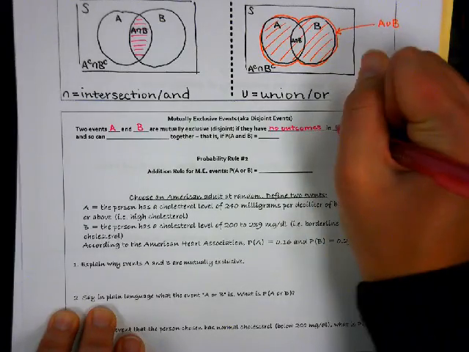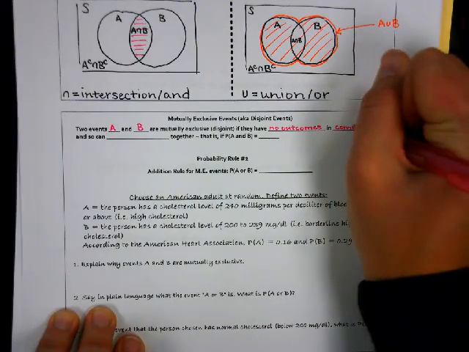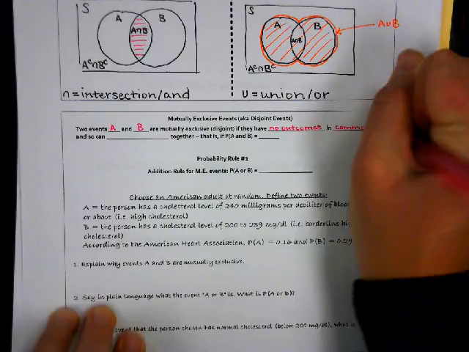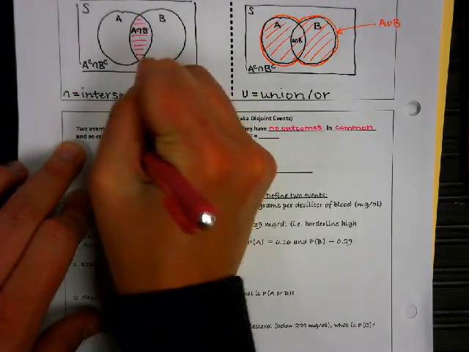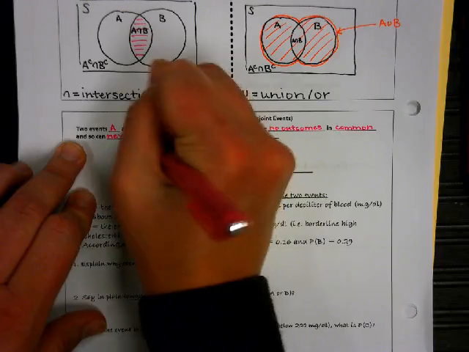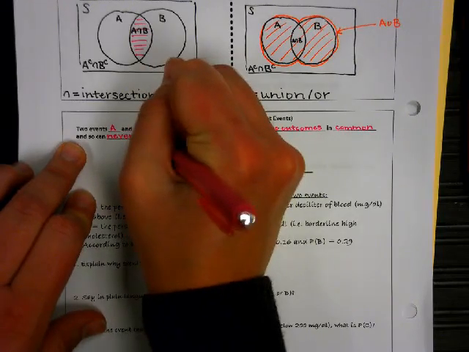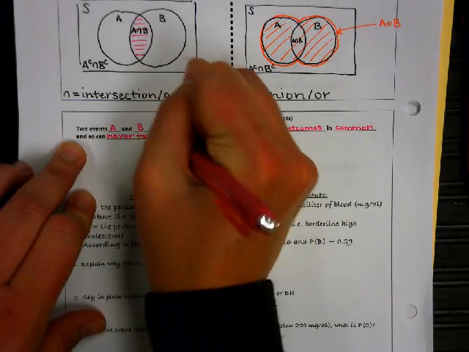So in our picture, that's why the circle with A and the circle with B never touch. They can't happen at the same time. So the probability that A and B happen is 0 because they can't happen together.